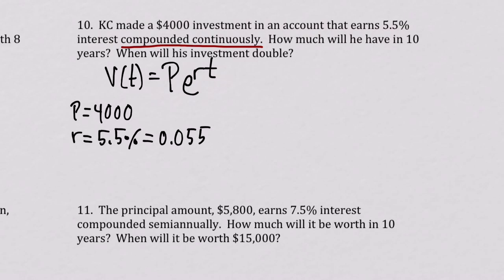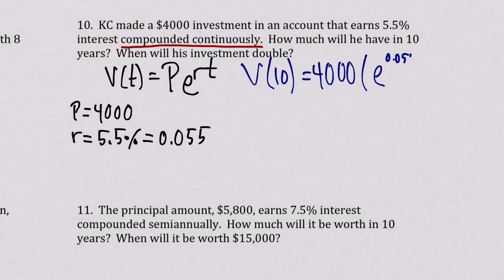And there are 2 questions. For the first one, t is 10 is what they want us to plug in. So it's going to look like this: V of 10, because I'm plugging in 10, is equal to P, which is 4,000, times e to the power of r, which is 0.055, times t, which is 10.